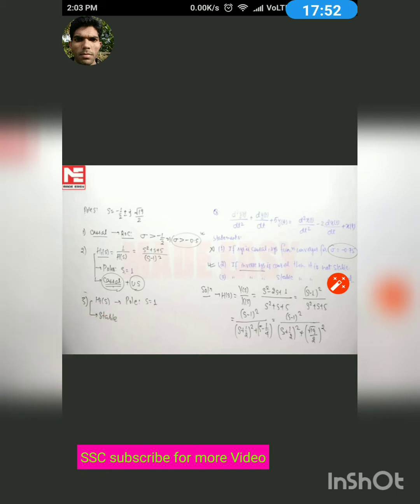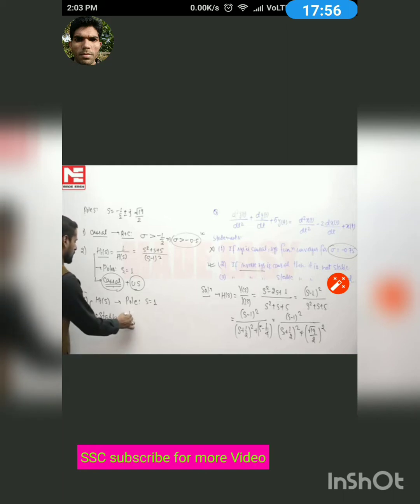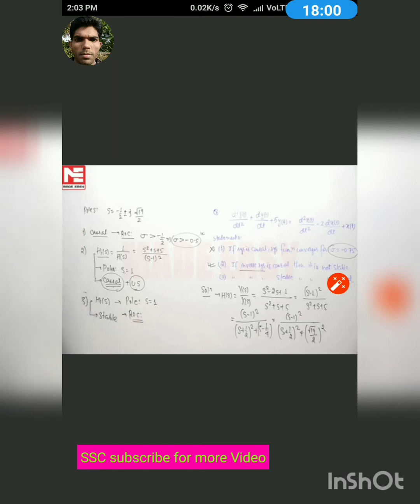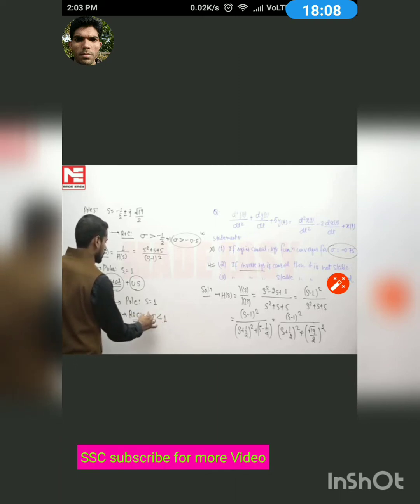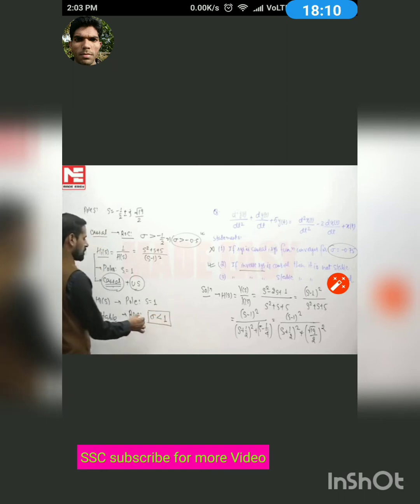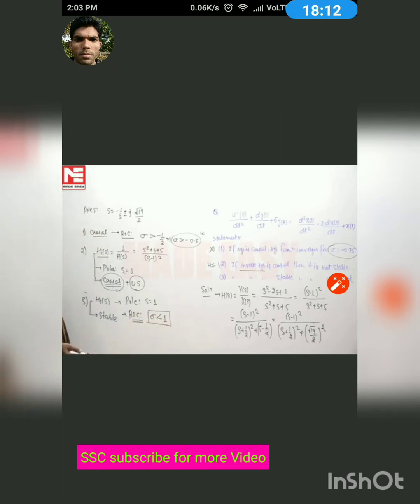Now if HIS is stable, then the ROC should include the imaginary axis. For stability of a system, the ROC should include the imaginary axis. For inclusion of the imaginary axis, the ROC should be sigma less than 1, because as we know, the ROC is always related to the real part of the pole.